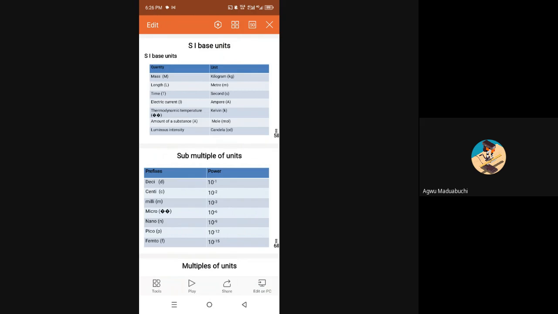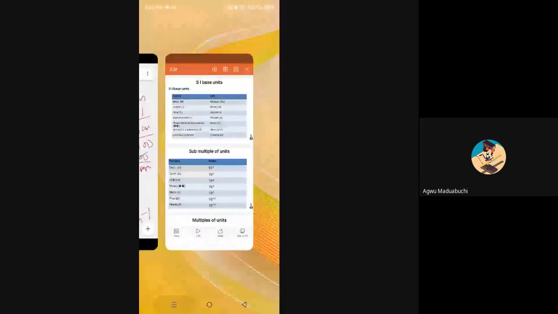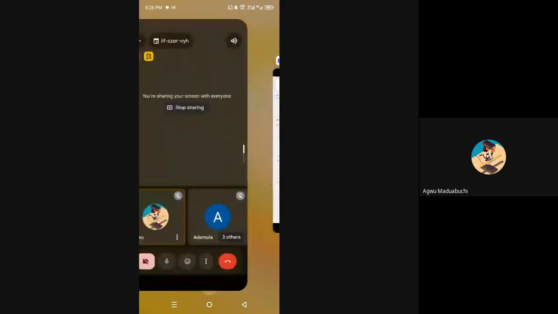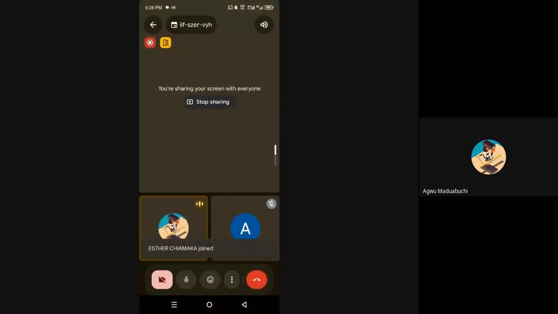When you are converting from degree Celsius to Kelvin, what do you do? How do you convert from degree Celsius to Kelvin? Add 273.